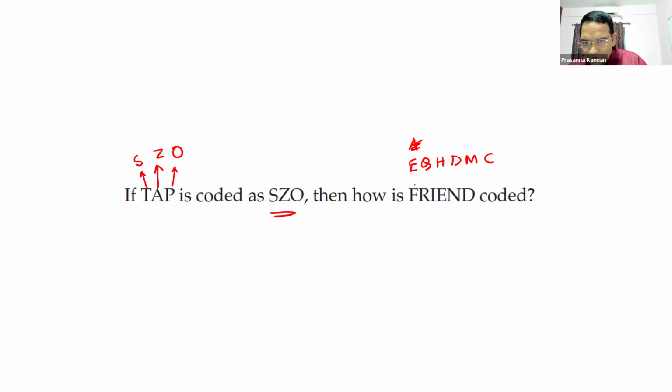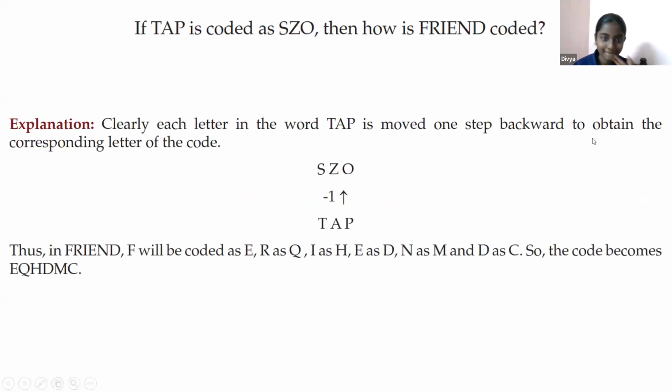For FRIEND, one letter before F, E. One letter before R, Q. One letter before I, H, D, M, C. That's it. Clear, everybody? Yes, sir. Very good. So it becomes EQHDMC. Perfect.